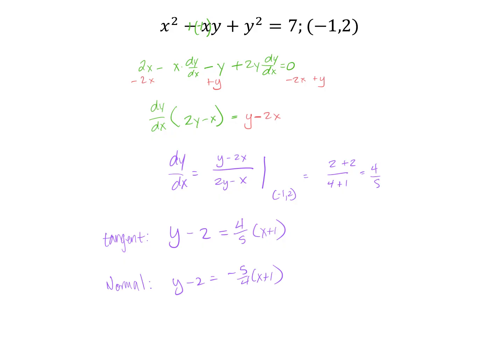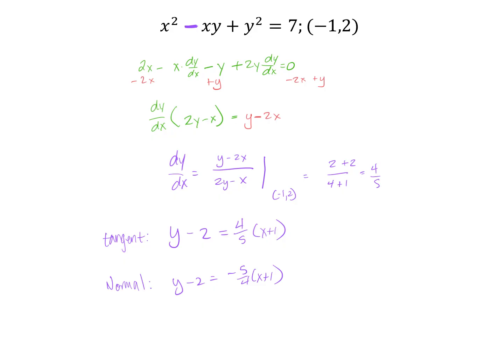A really common mistake, super common, occurs up here, where the original function has this minus xy. When you take the derivative of that term, there's a bunch of ways to think about it.